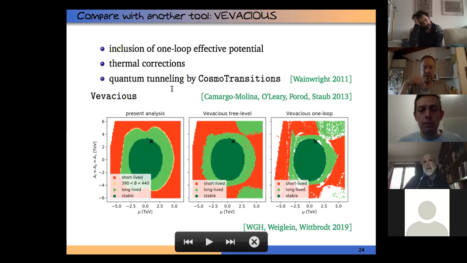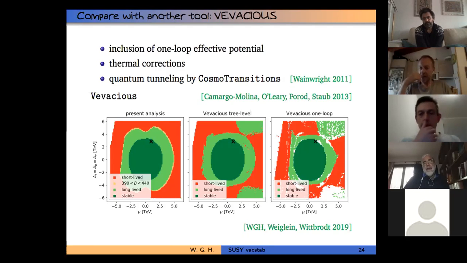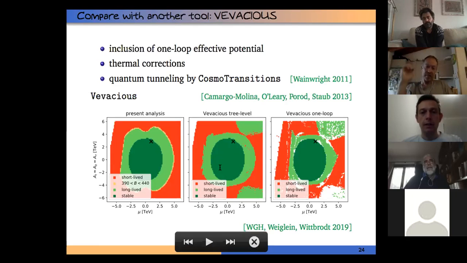Okay. And why is the other code, the one that you constructed, much better, you said, Sven? Well, you can see it here in the three plots that Wolfgang was presenting. For example, there are regions where Vevacious tells you incorrectly that you are metastable because it doesn't look for the most dangerous minimum, but only for the global minimum. So it certainly makes this mistake.